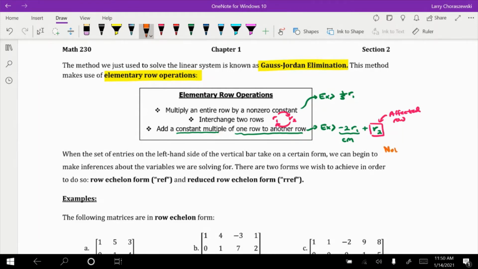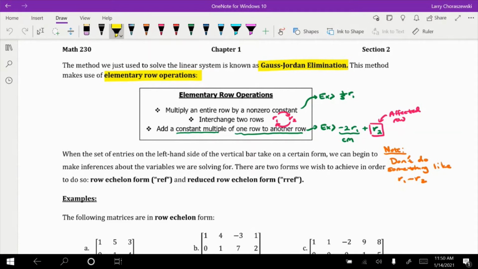Now I'm going to make a note here. I'm going to say don't do something like row 1 minus row 2. Sometimes the author is very literal and very intentional with how he writes things out.